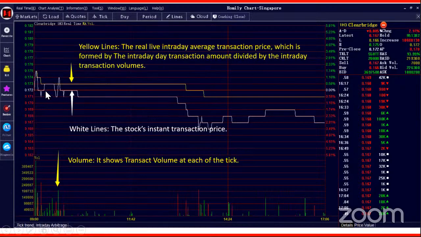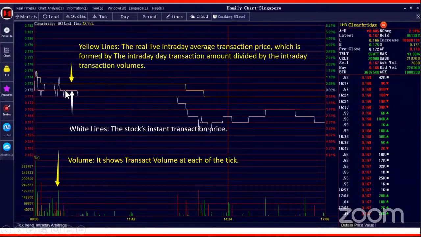All right. So the white line is connecting the actual transacted price, but the yellow line is the average as of the time. So we can also compare the white line with the yellow line.